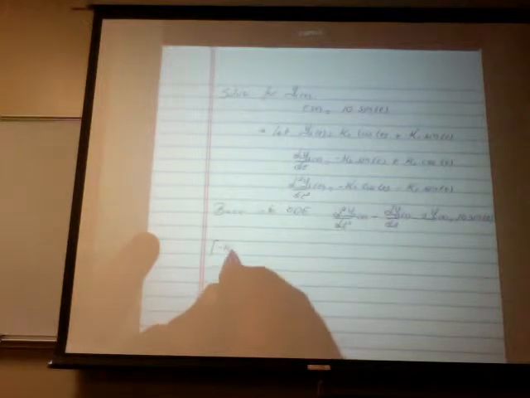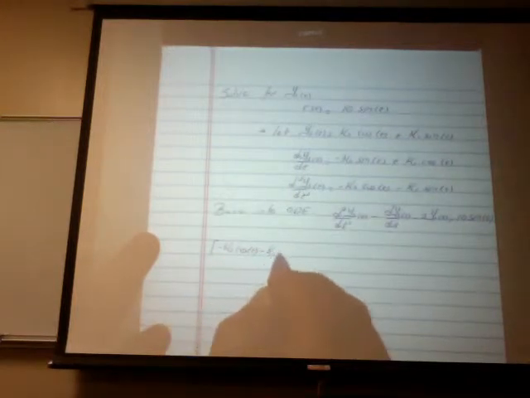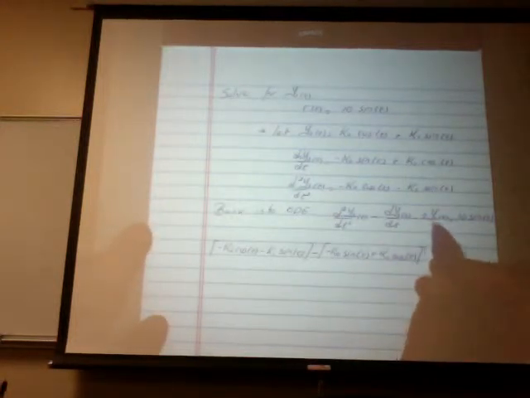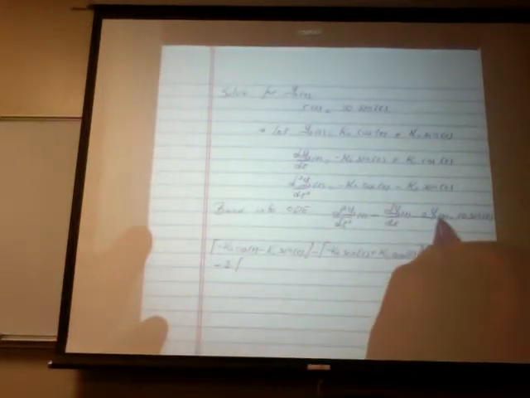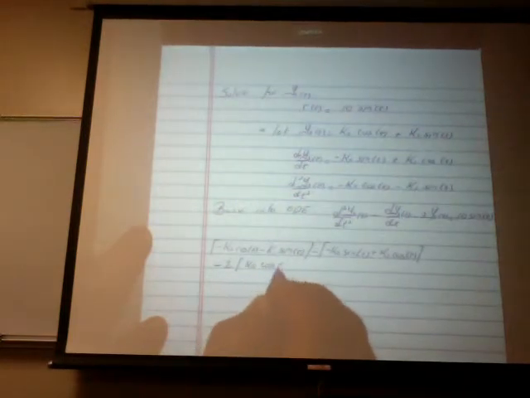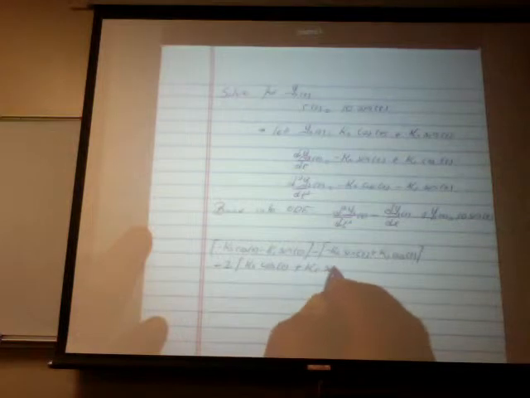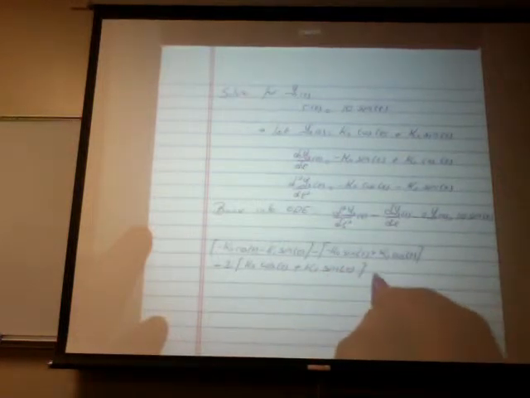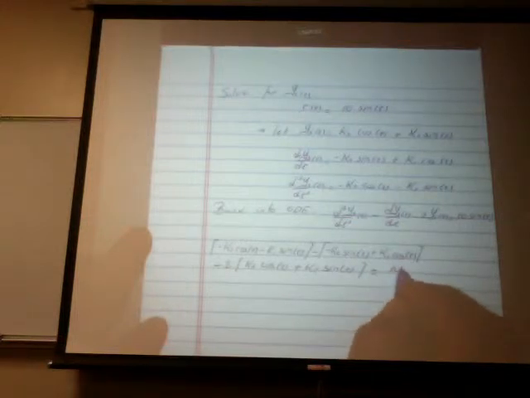The second derivative will be minus k0 cosine of t minus k1 sine of t, minus the first derivative, which is minus k0 sine of t plus k1 cosine of t, minus 2 times ys, which is k0 cosine of t plus k1 sine of t, is equal to 10 sine of t.